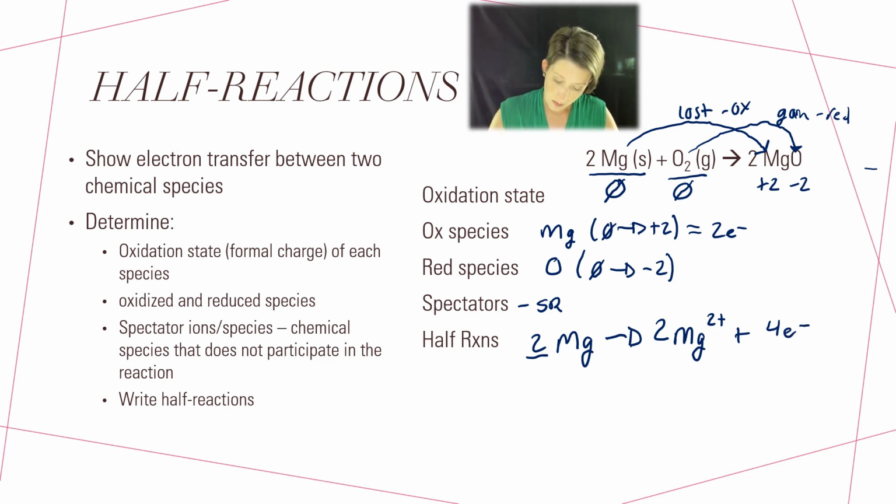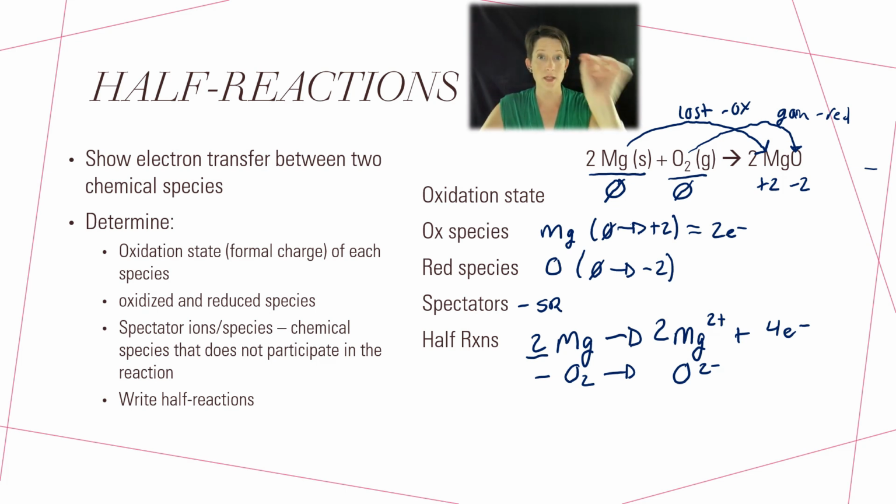So now we want to go to the oxygen side. Oxygen as a pure element is going to go from O2 to just an O with a 2 negative charge. That O is in a compound. The subscript 2 did not transfer with it. That is how we balance the reaction.